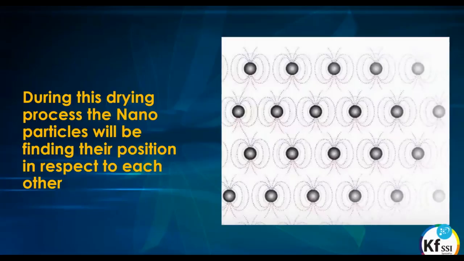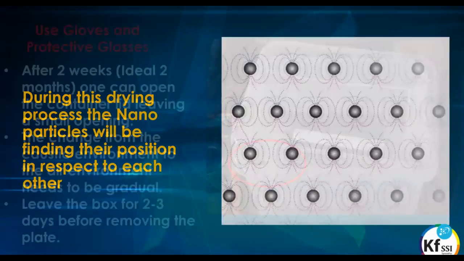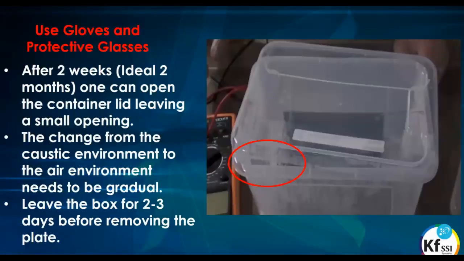Thanks, Sandor. I think the key here is patience. We have to really take our time in creating these layers. So as Sandor said, after 2 weeks or even ideally 2 months, one can then open the container lid, leaving a small opening.